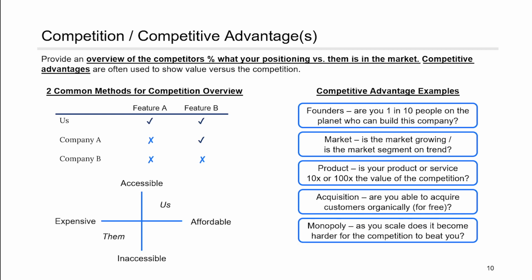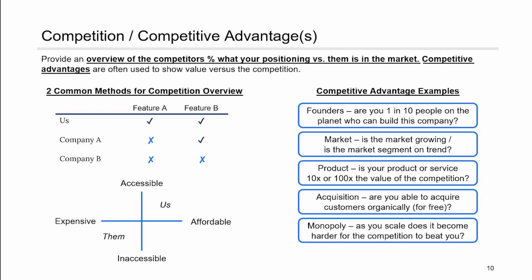Next is your competition and competitive advantages. So on the left side, you'll see these are the two most common ways that the average startup is going to position themselves as far as how are we in relationship to our competitors. On the top, you'll see what I call the feature battle. We've got features A, B, C, D, E, and F. Companies A, B, C, whoever only have a handful of those features, or their features aren't as good.